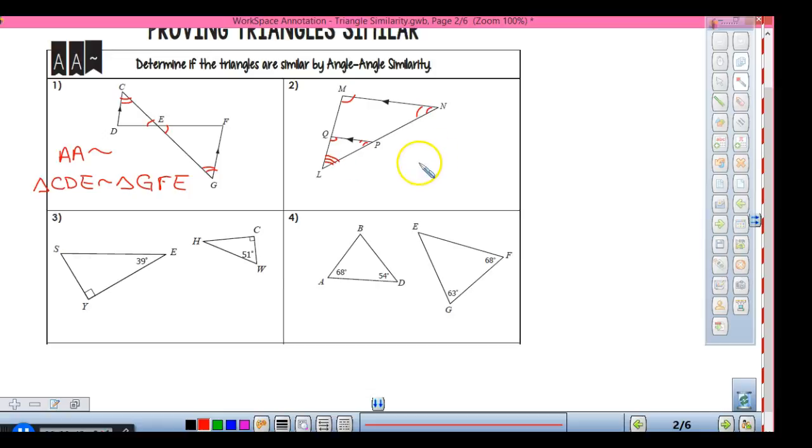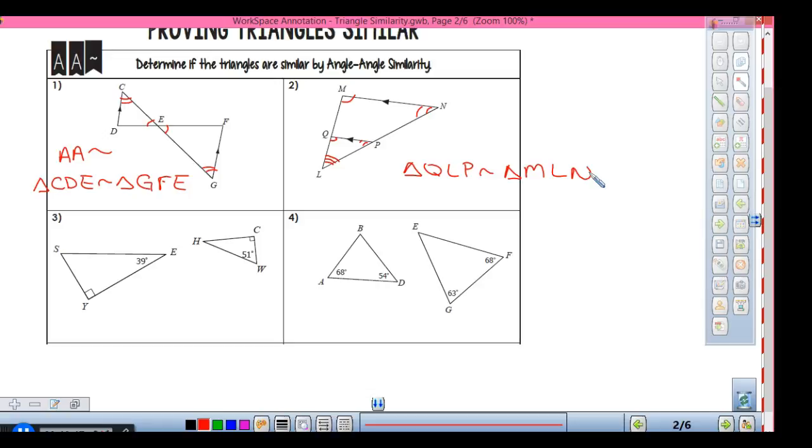Yep. So triangle, give me one of them. Triangle QLP is similar to triangle M, what is it? L, because L goes with L. And what goes with P? N.